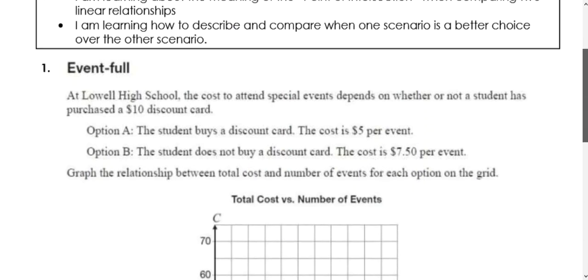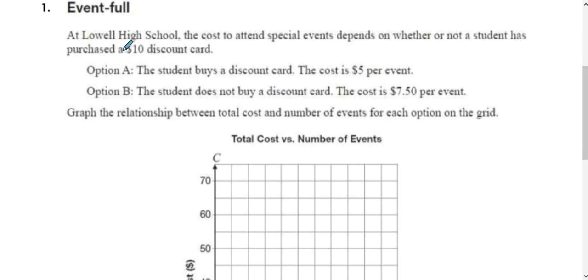All right, so here's an example. At a local high school, the cost to attend special events depends on whether or not the student has purchased a $10 discount card. If the student buys a discount card, the cost is $5 per event. If the student does not buy a discount card, the cost is $7.50 per event.